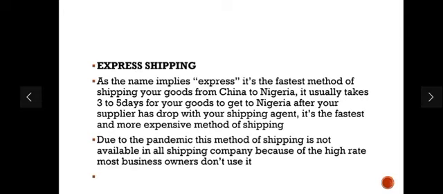Once the agent makes payment, when the shop supplies that product to your agent, if your agent should use express shipping, it means that your goods should get to Nigeria within 7 days. At least 7 days your goods should be in Nigeria. The only thing is that it is very expensive, but your agent can help you with the calculation so that you know the current price of express shipping.